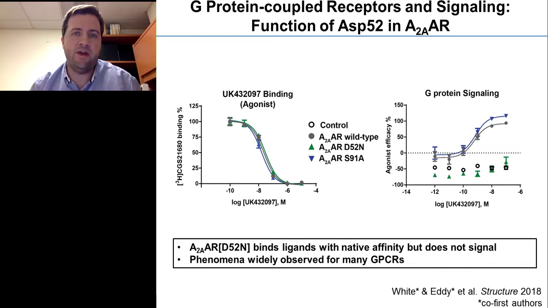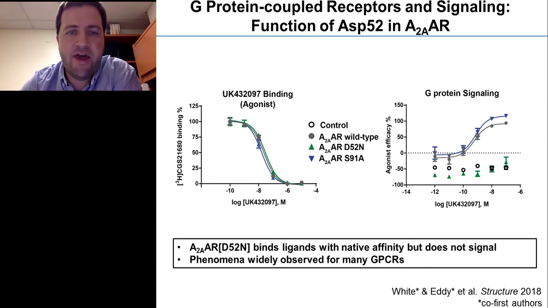So we take a drug, it's labeled with tritium, and observe its binding activity or affinity for a particular target. In this case, we looked at an agonist, and you can see that the data we measure for the wild type protein is almost identical for this special D52N variant protein.